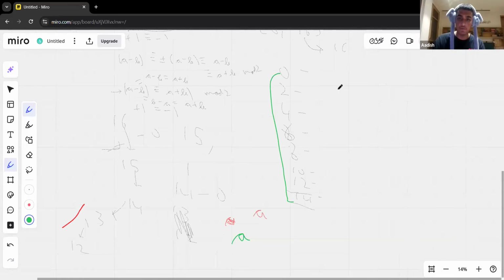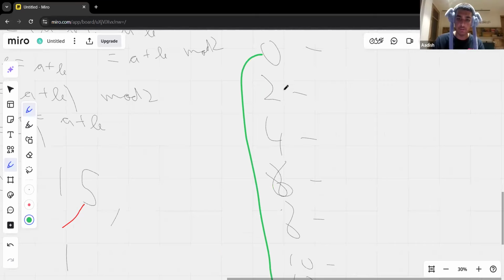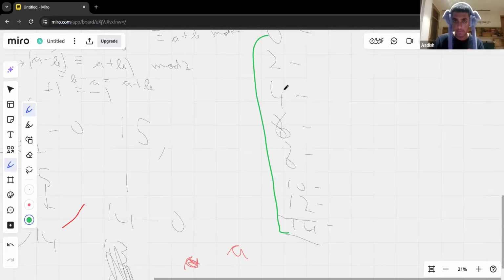There are two parts to this problem: showing that nothing else can be made, and then showing that these can be made. Does everyone understand what we are trying to do right now?